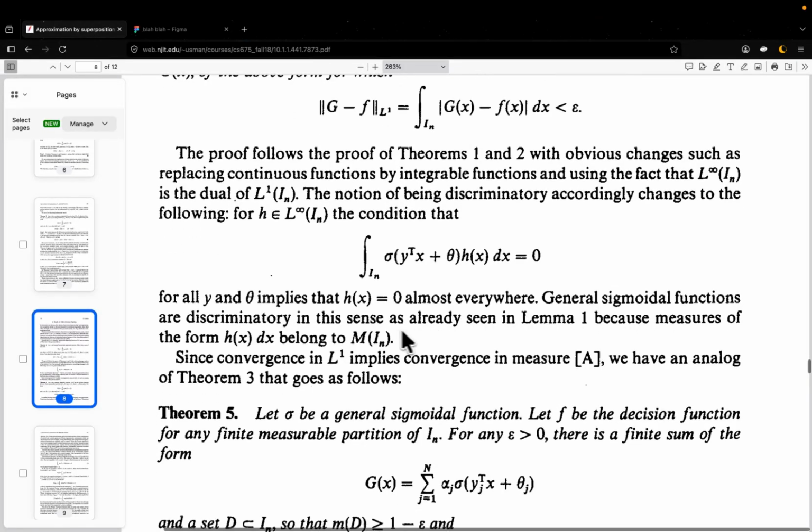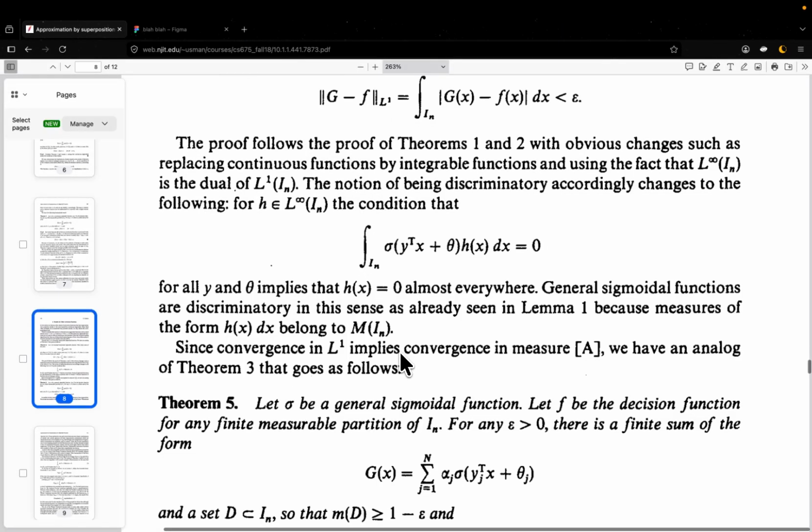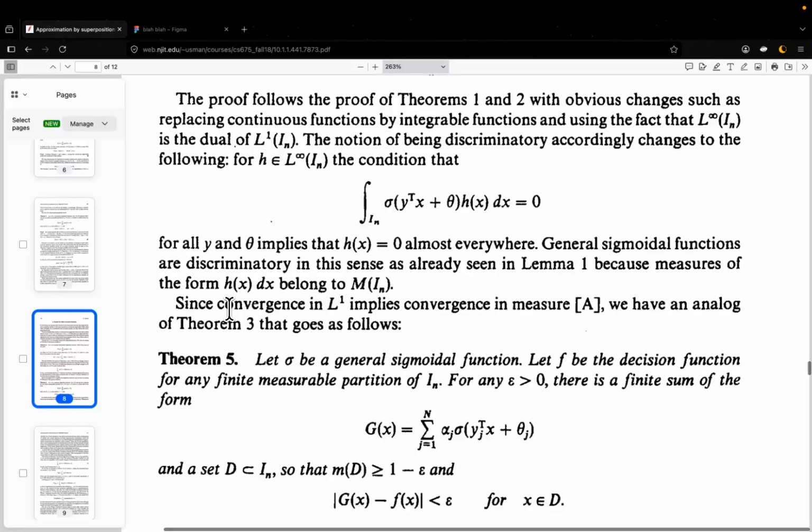General sigmoidal functions are discriminatory, as already seen in lemma 1, because measures of the form h(x) dx belong to M. We have already seen them, and we have even proved that.